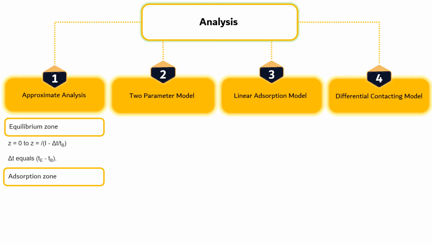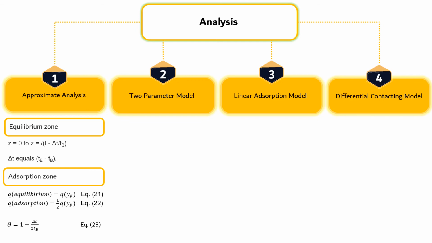The shape of the breakthrough curve is unaltered as it passes through the bed. The equilibrium zone and adsorption zone contain loaded adsorbent as given by equation 21 and equation 22. Thus, the fraction of the bed which is loaded is given by equation 23. The shorter the adsorption zone, the more completely the bed is loaded.